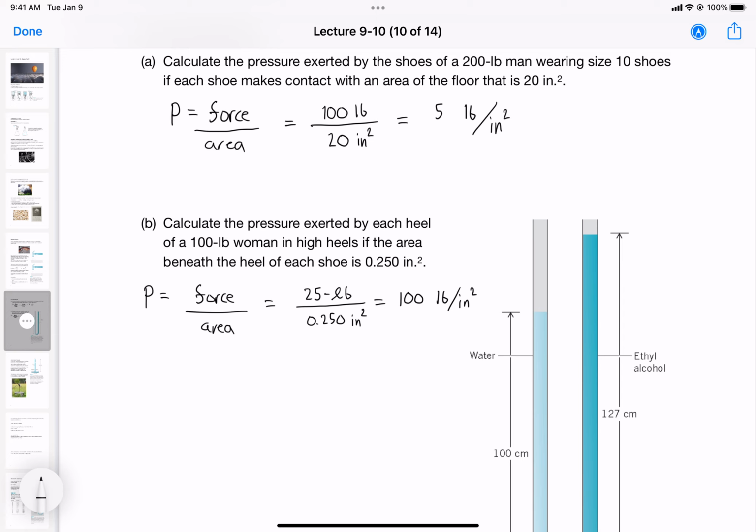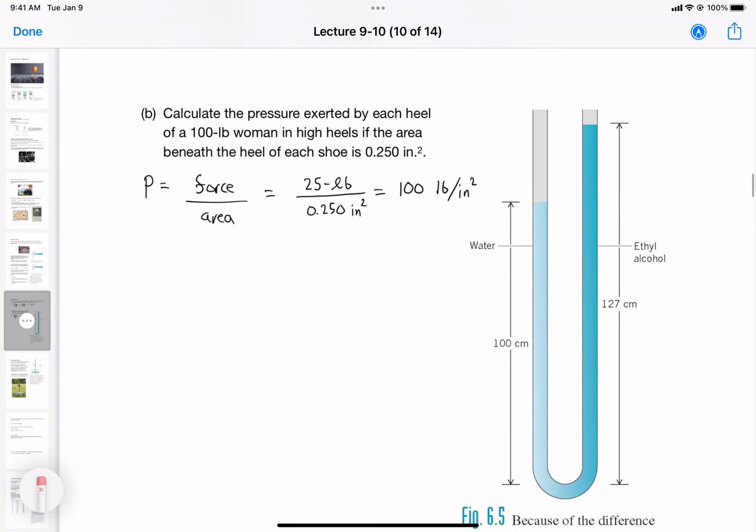And see, that's over a 20-fold increase in pressure that's being met by the floor. So it's not advised you wear heels. If you have hardwood floors, you're eventually going to damage the hardwood floor by repeatedly walking in heels. So probably not a good idea to try and look fashionable for TikTok or something at your home if you have hardwood floors. So don't do that.